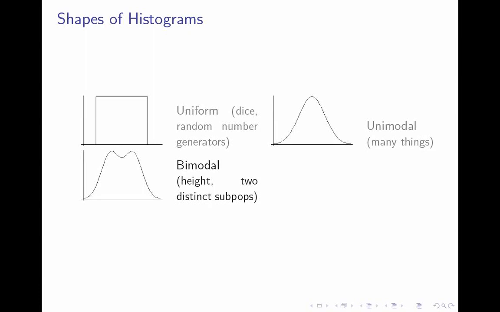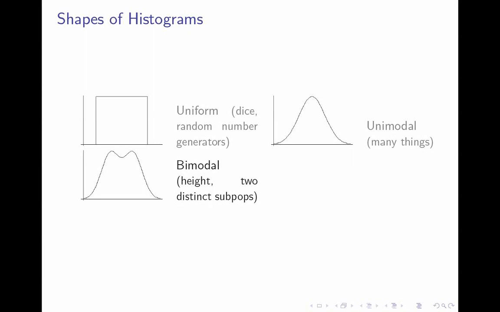And I should caution here that when you call something bimodal, it's because you're seeing 2 distinct peaks that are not just an artifact of the data. Occasionally, especially if you have a small data set, you will see a little wobble where it goes up a little and then down a little, then up.